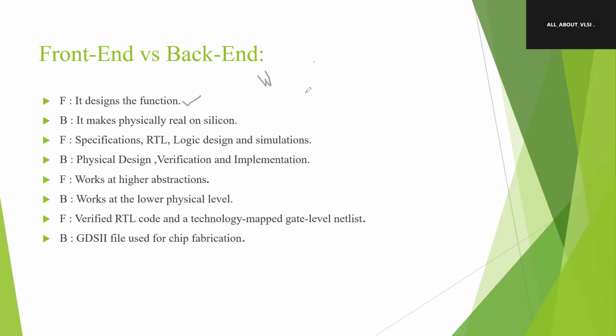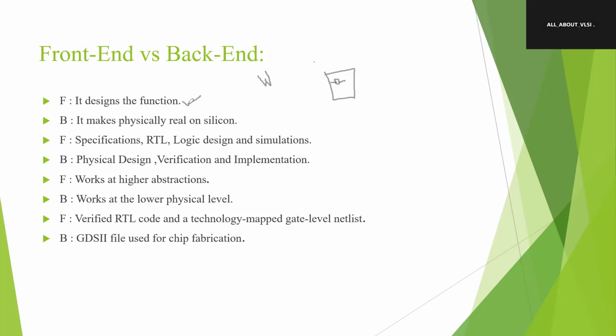So we are placing that OR gate on a chip. Consider this one as my silicon chip. In this place I'm placing that OR gate in the backend flow. Front end is completely related to designing: how we are specifying the inputs, how we are writing the logic, how we are giving clocks, and all the verification is done on the front end side.